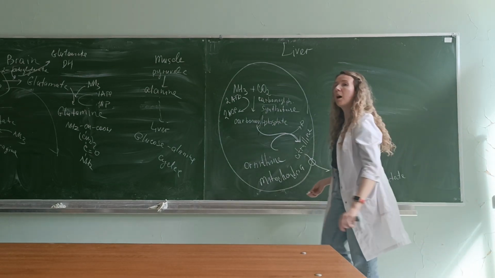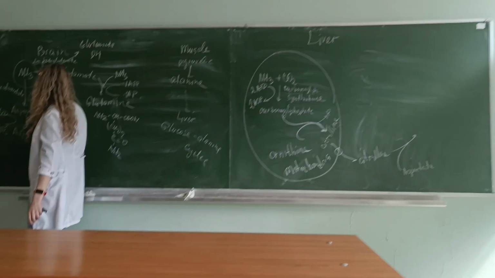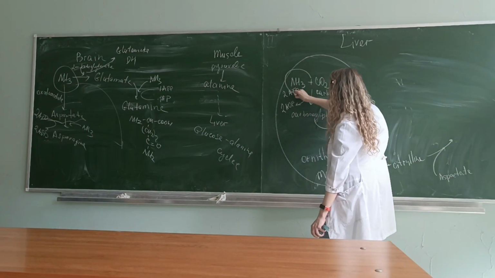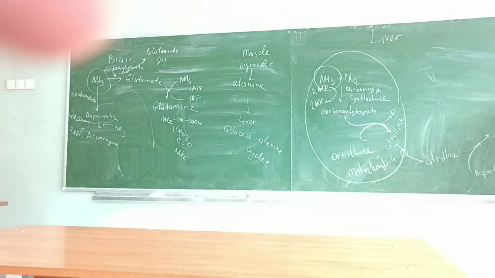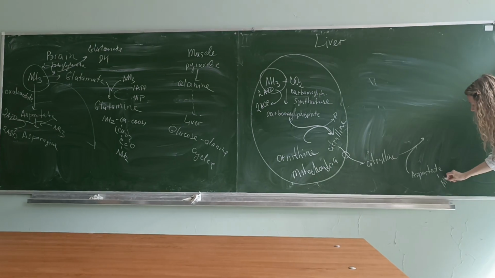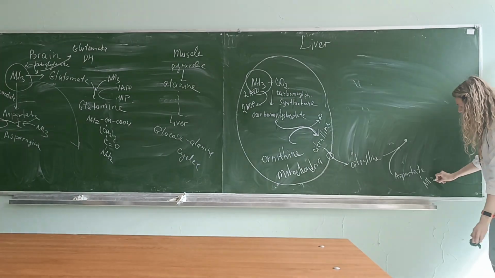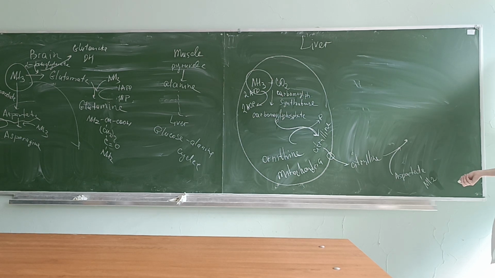And we know that aspartate is also a transport form of ammonia. That's why 1 ammonia molecule we can take in free form, and 1 we can take from aspartate. No, it was not ammonia, it was an amino group, NH2.